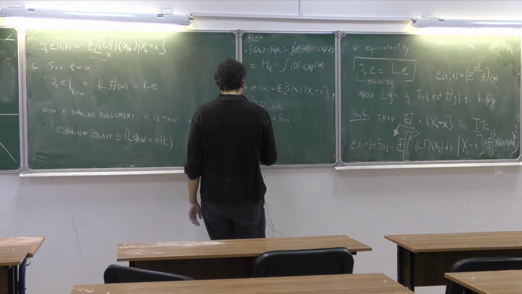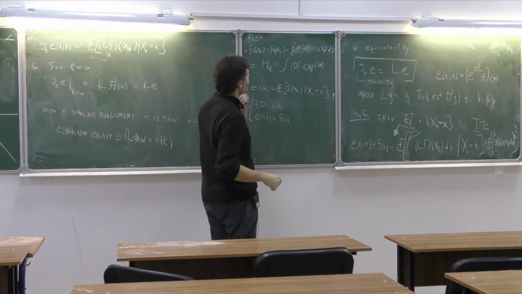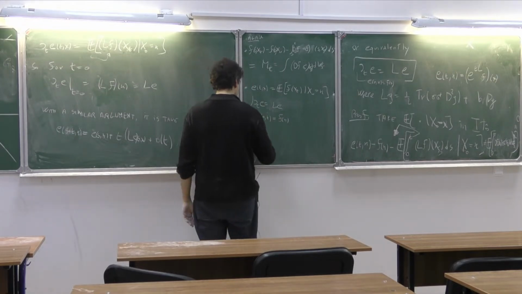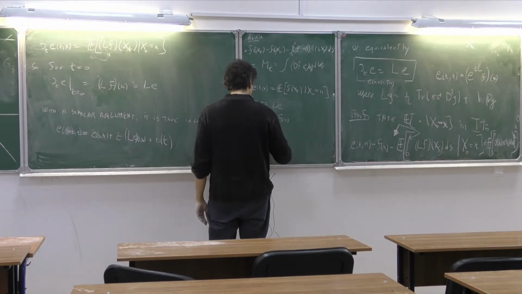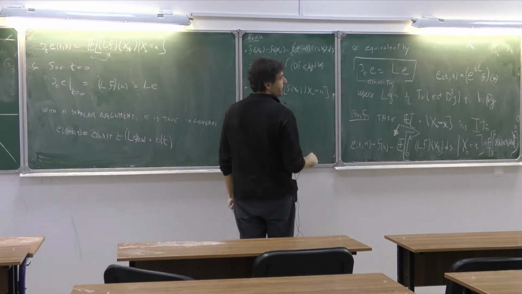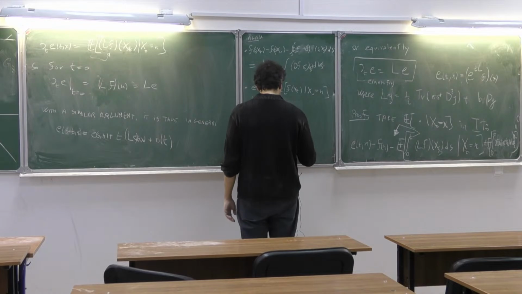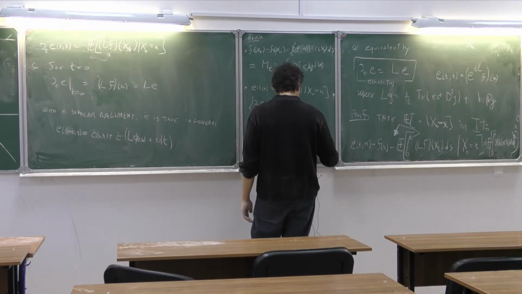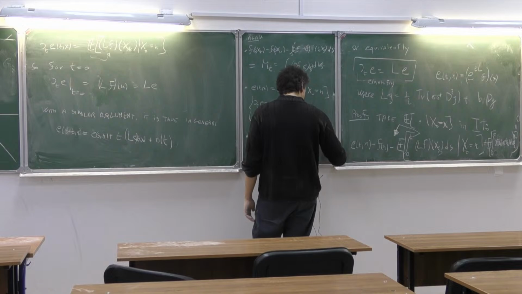Or, instead of going forward in time, I can also go backward in time. So if I fix big T positive, and I define g of t and x as the expected value of some function of X at time big T minus t, given X_0 is x.